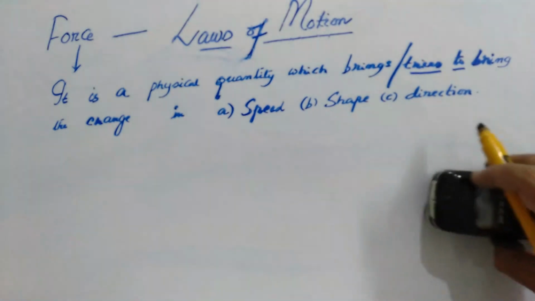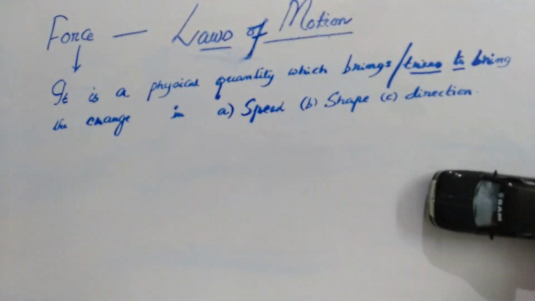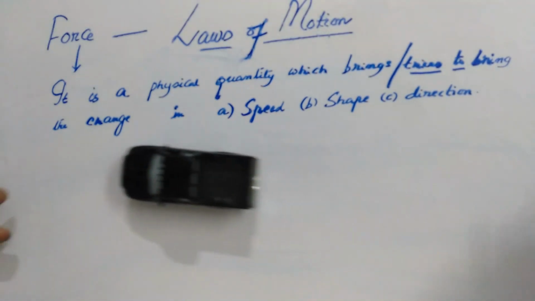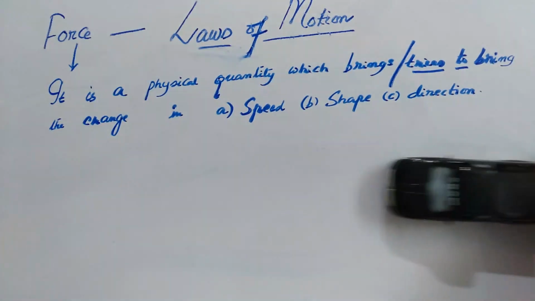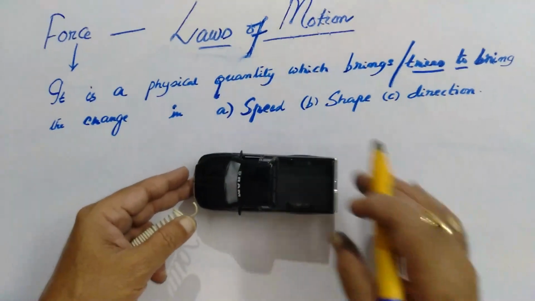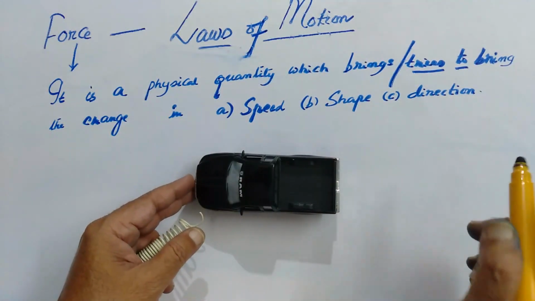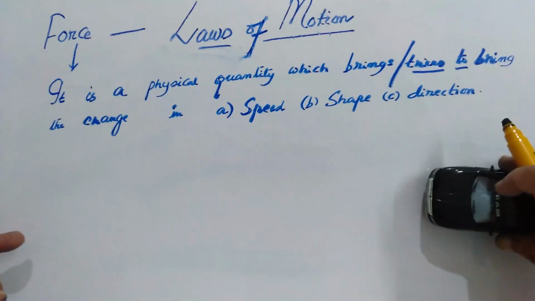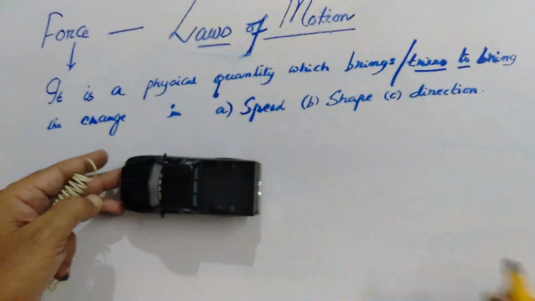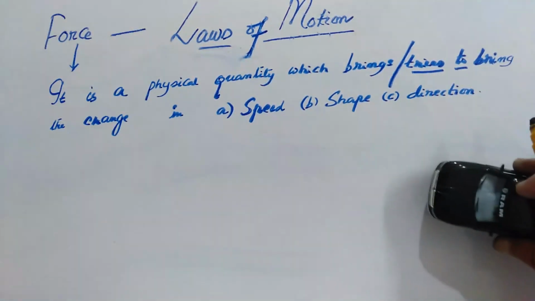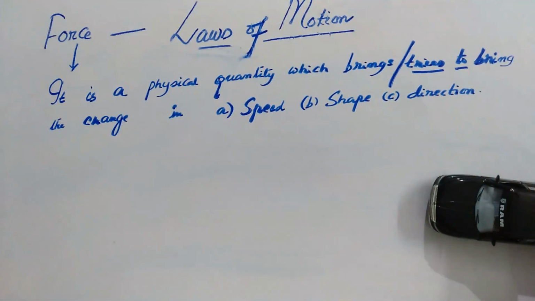So why did I write this clause, "which tries to change"? Here, as it is a toy car, I can simply make it move. But in the case of a real bus, can I move it like this? It's not possible. But still I am applying the force there also. Similarly, I can easily stop this one, but if a real bus comes, I cannot stop it.